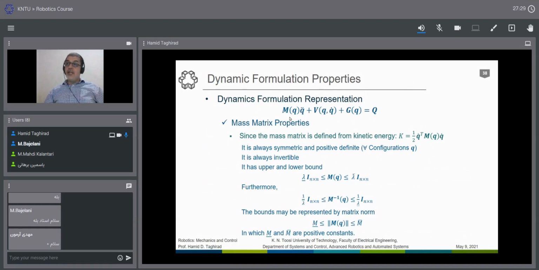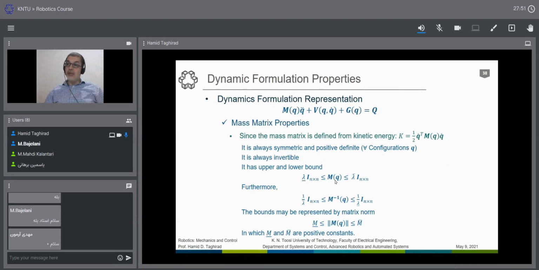Furthermore, since the mass matrix is positive definite, it has a lower and upper bound. These bounds can be defined by the minimum and maximum eigenvalues of the mass matrix in the whole workspace of the system.